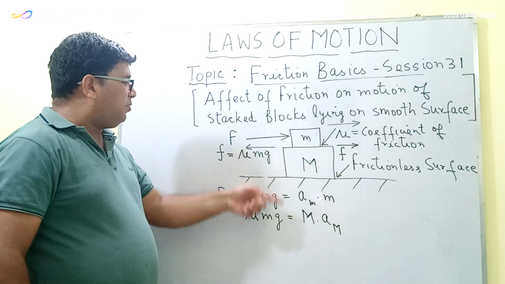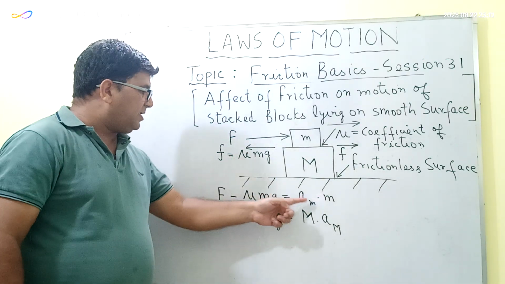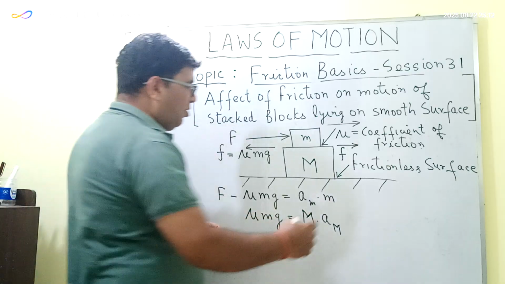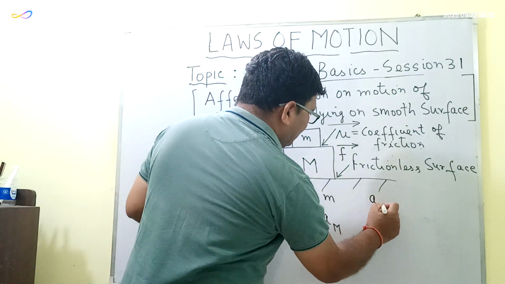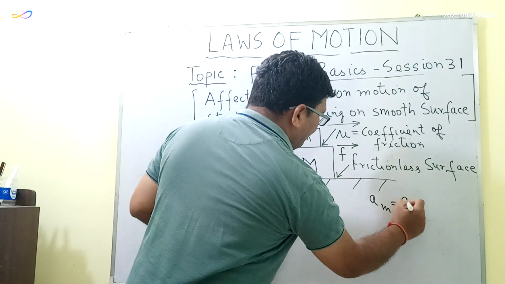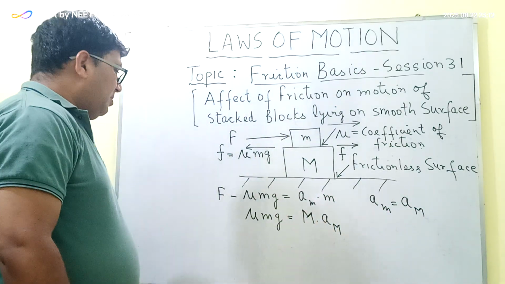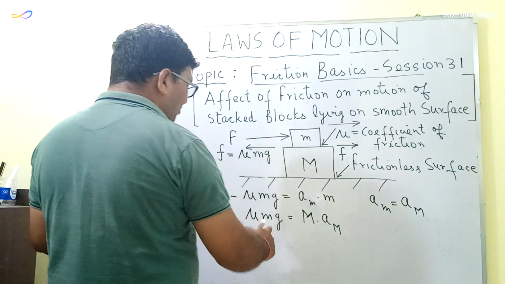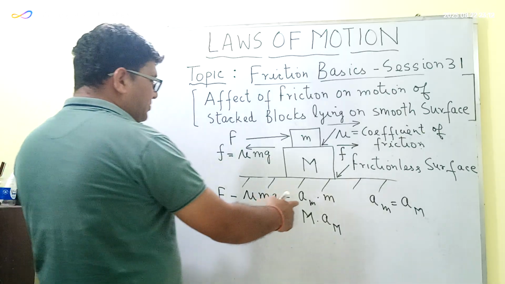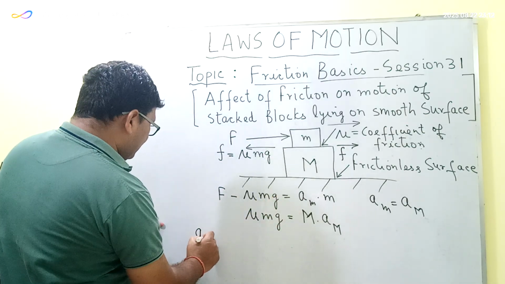Now both these two blocks will move together if the acceleration of both these two blocks are equal. That is, if a small m is equal to a capital M. So यहाँ पर what I will be doing is I will be simply finding the value of a small m.